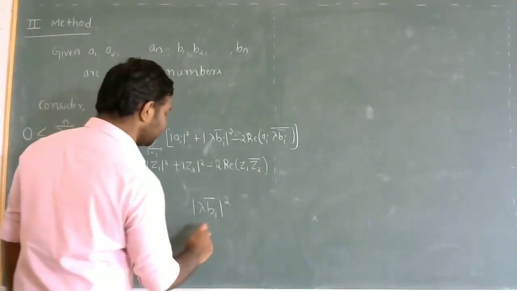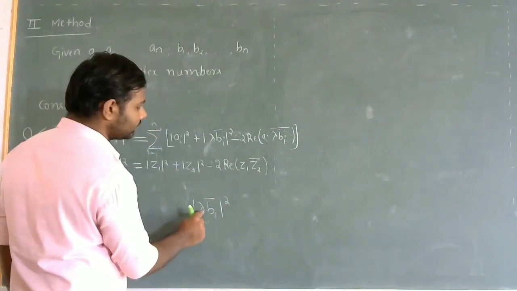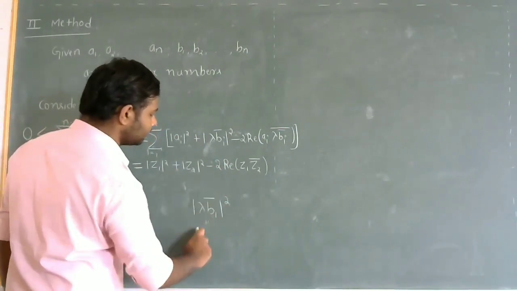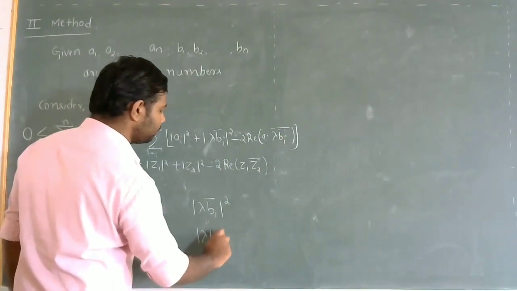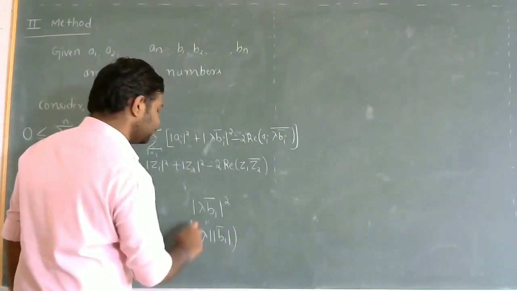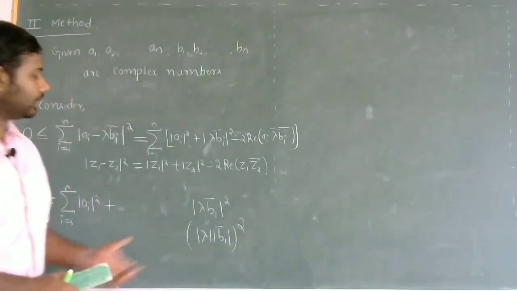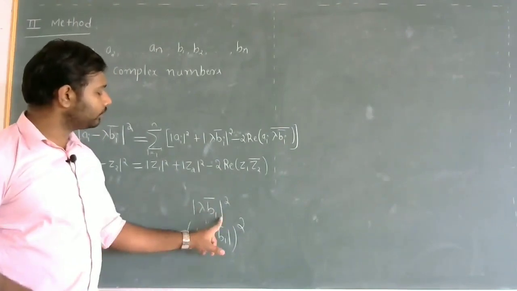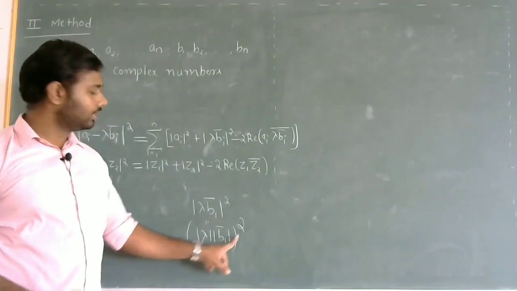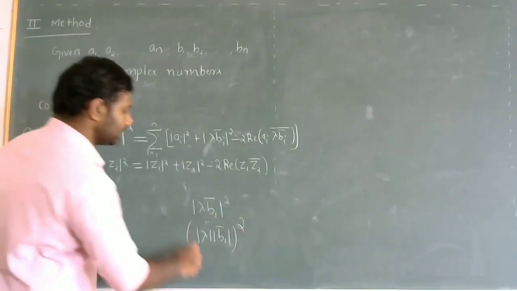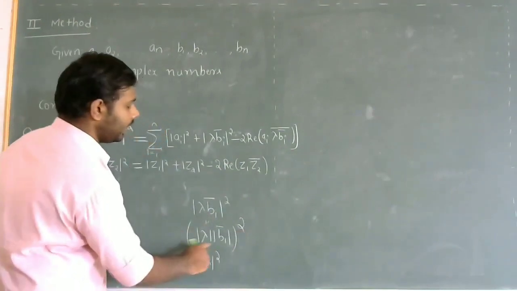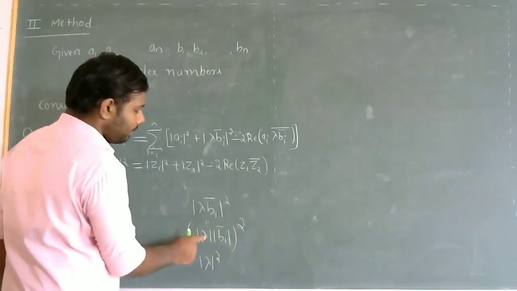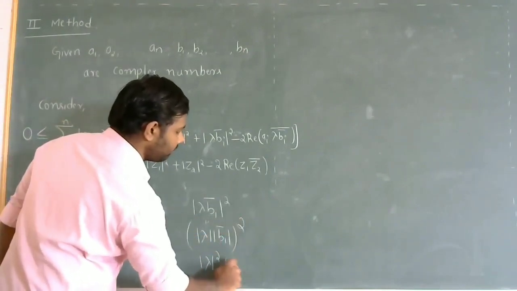First of all, modulus of lambda bi bar means modulus of lambda into modulus of bi bar, whole square. By the identity, modulus of the product is the product of the moduli. So the square as it is: a into b whole power m is a power m into b power m.